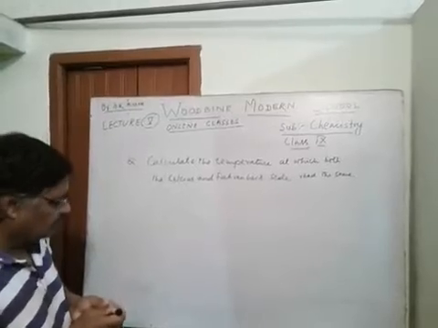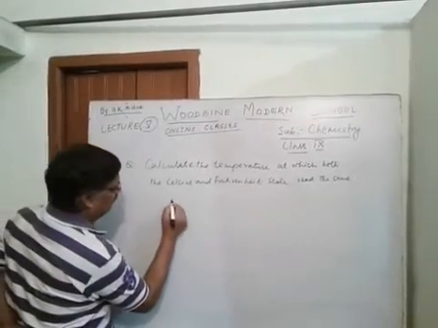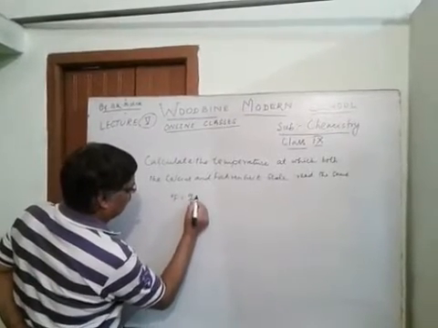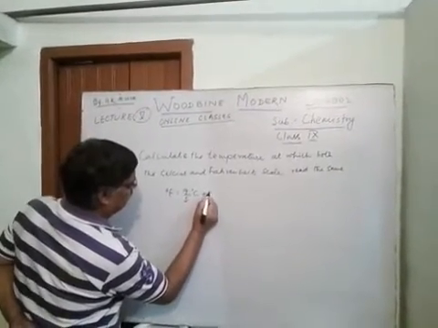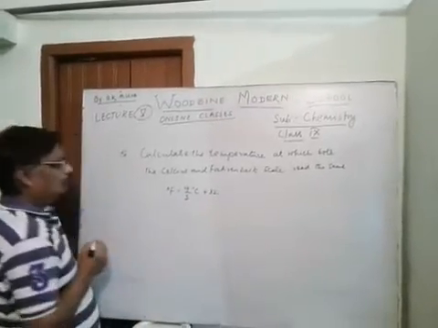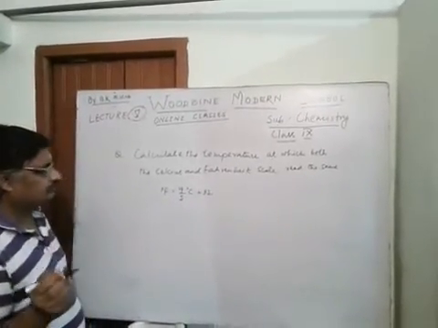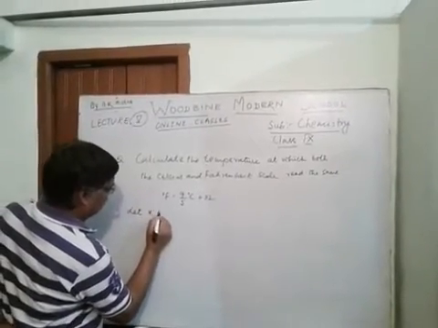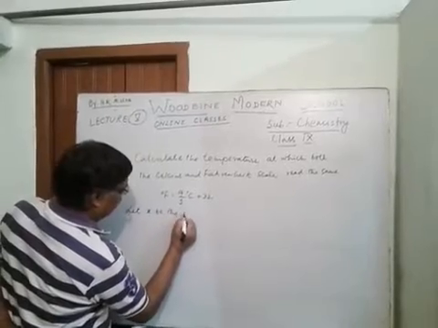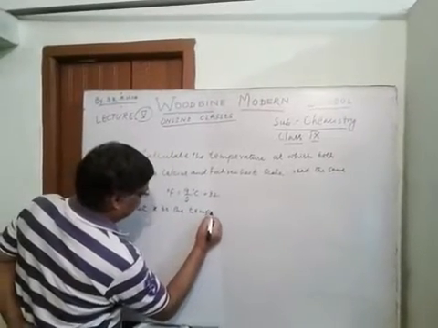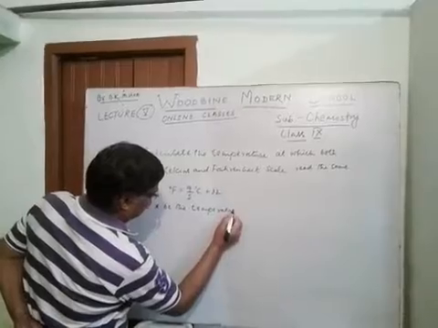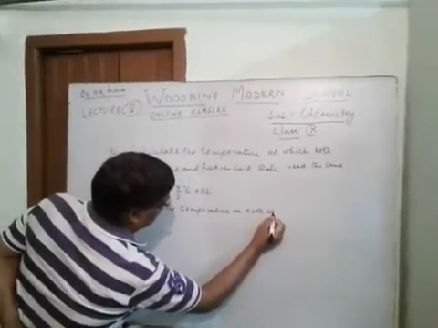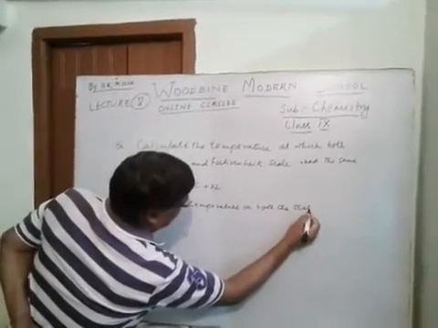Now we know the formula, that is degree Fahrenheit equal to 9 by 5 degree Celsius plus 32. Now let us assume that x be the temperature on both the scales.